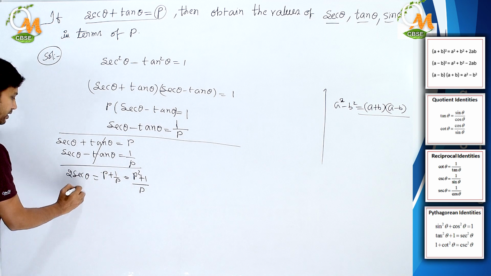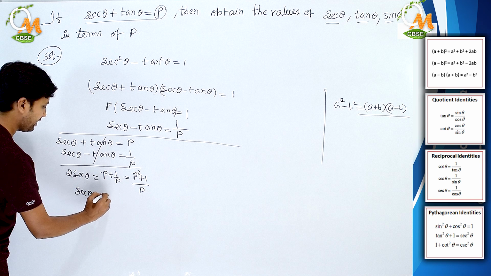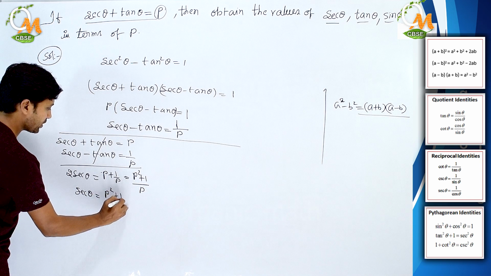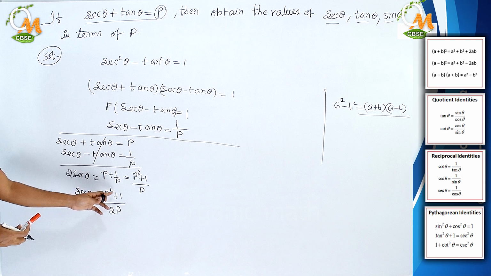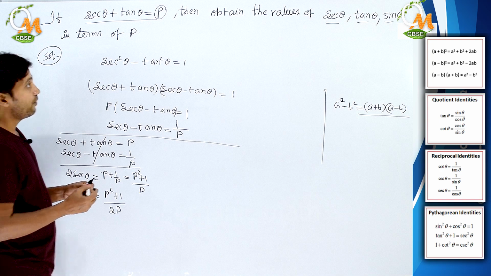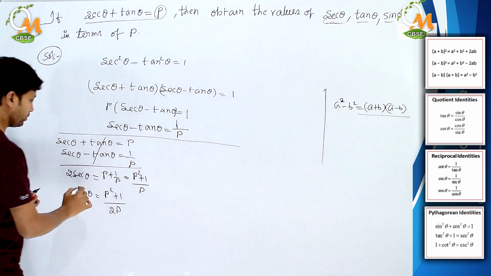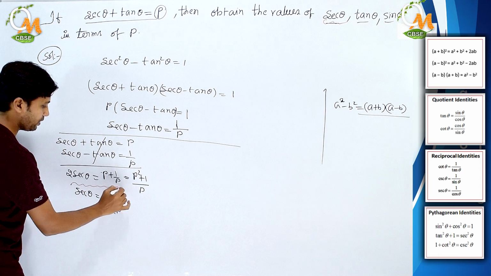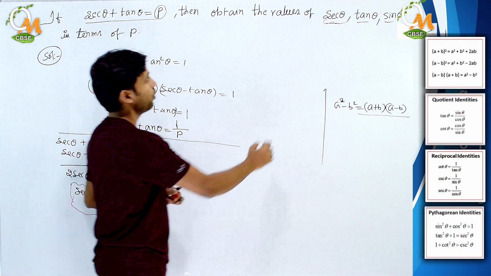Now here to get the secant theta, send this 2 to the other side, then p square plus 1 by this would be 2p, right? So we find the secant theta value as p square plus 1 by 2p. So we have obtained our first value, which is secant theta. So the first answer is over.